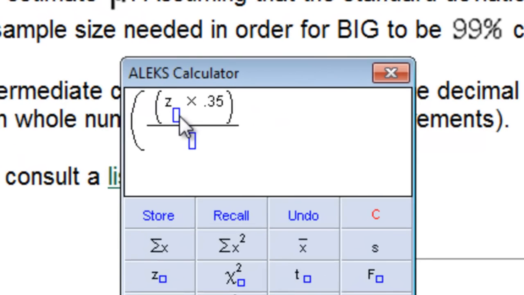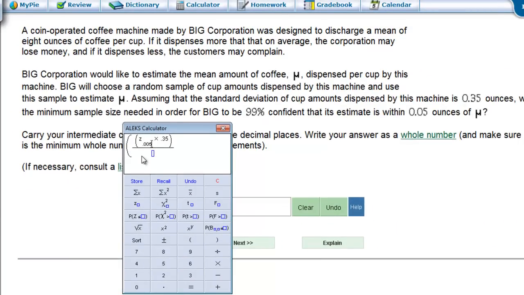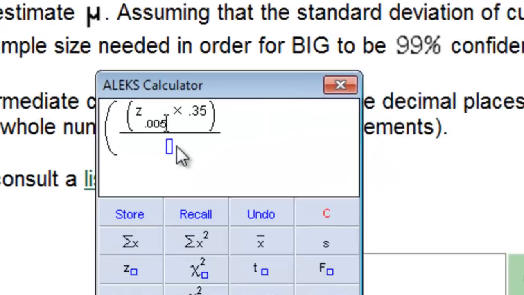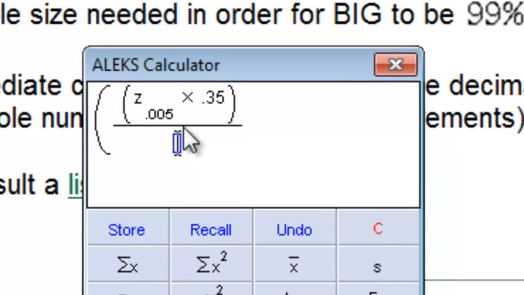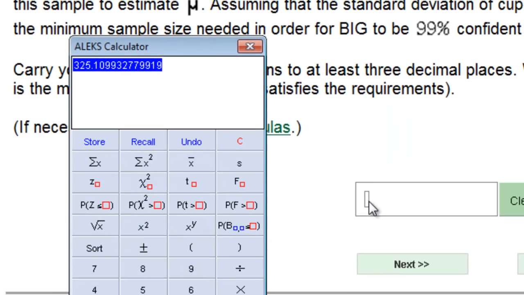So 99% makes that box 0.005, and confident that its estimate is within 0.05 ounces of mu. So my E is 0.05. Arrow over, close that parenthesis, and square it. My answer is 325.1, but that means we go to 326 as my answer. Let's hit next.